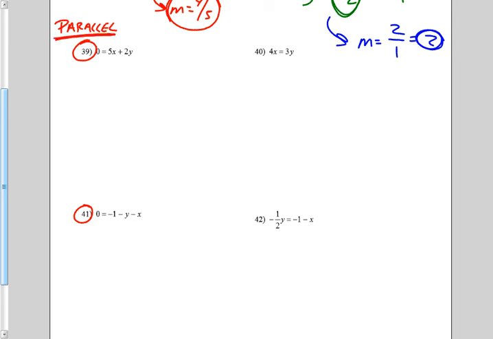And in these 2 equations, go ahead and do perpendicular. That way, it's practice solving for y, and more importantly, practice on making the slopes fit. All right, take some time, finish those, and when you're ready, we're going to be moving on to the last objective of this chapter.